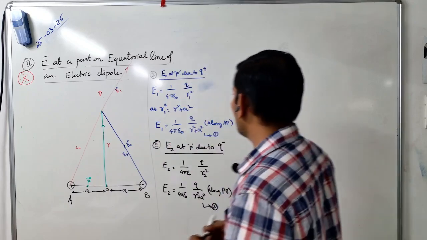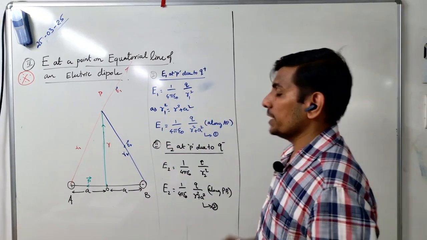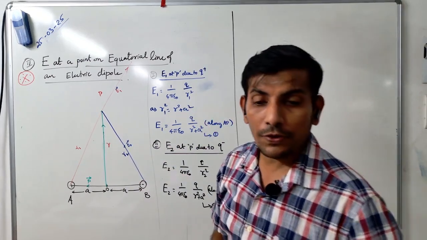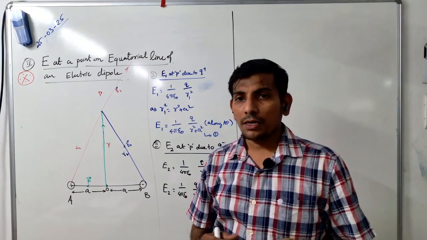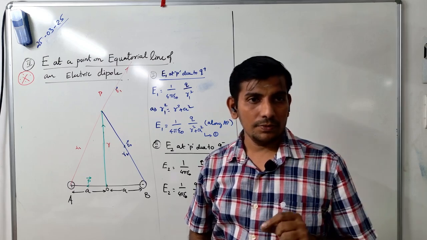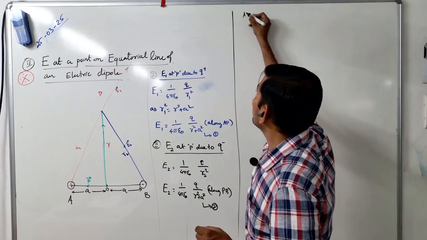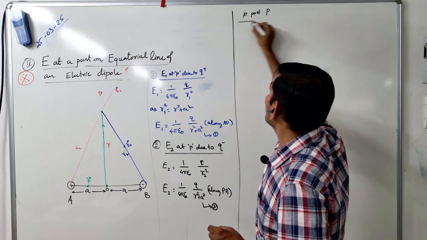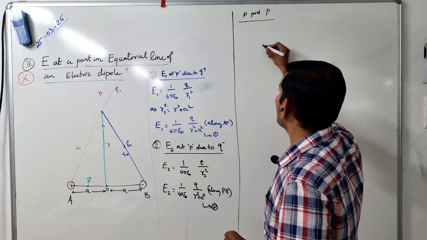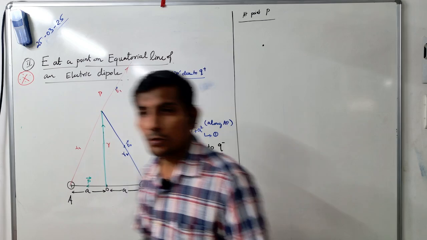So for that, let me first resolve the two components of the E1 and E2 at the point P. So I am going to calculate the effective electric field at the point P. And do it separately. So at this point P, I am going to draw two lines.